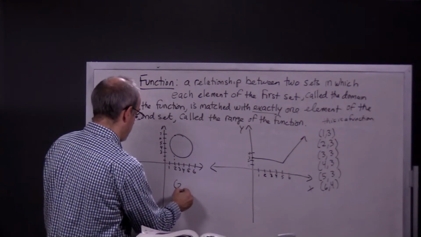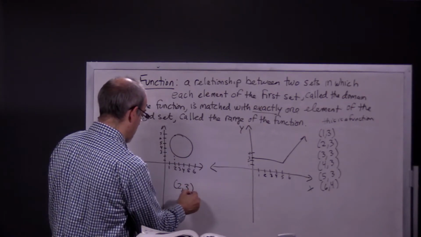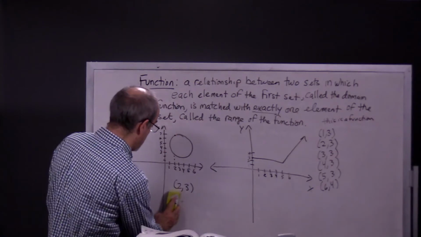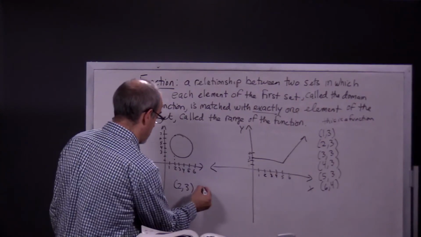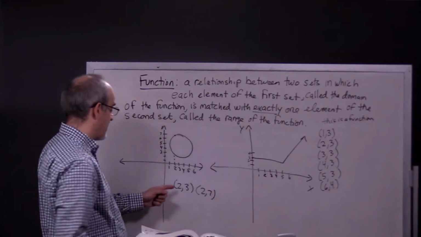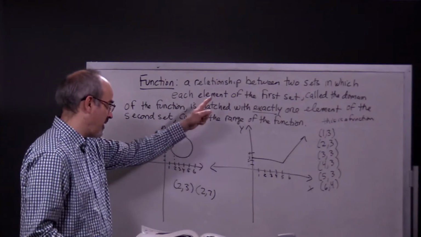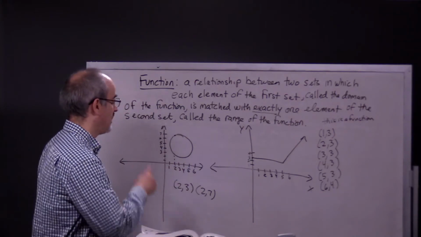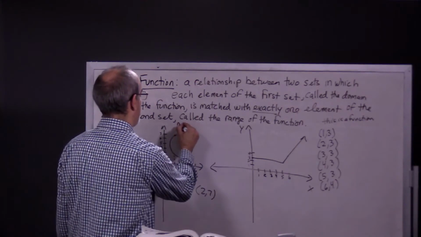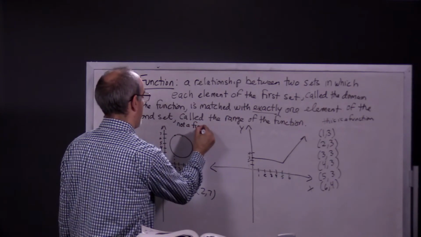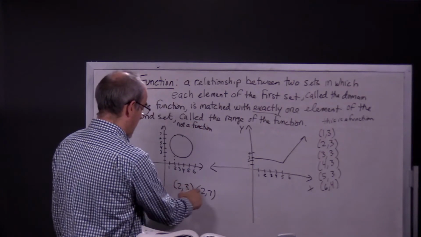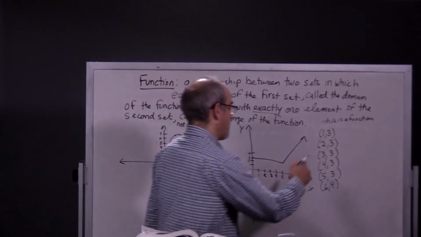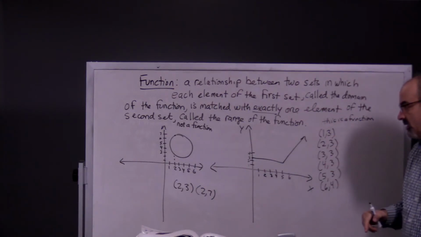When x is 2, y is 3, but it's also 7. Anyway, you probably can't see that. Yeah, you could, but notice that every element of the first set is not matched with exactly one element of the second set. 2 is matched with 3 and 7. Okay, so this is not a function. You can't have the same x value with different y values. Okay, you can have the same y value with different x values.